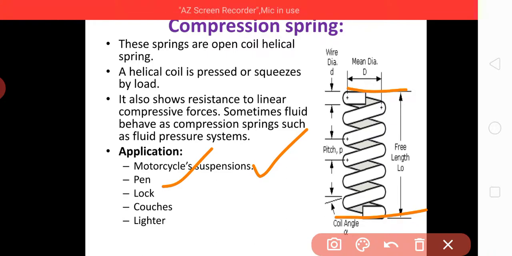So this spring is used there. It is also used to close and open the pen. In the locks it is used, couches and lighters, this type of spring is used. You can find it in the motorcycle shock absorber, this is compression type of springs.